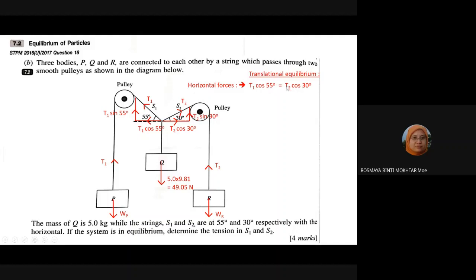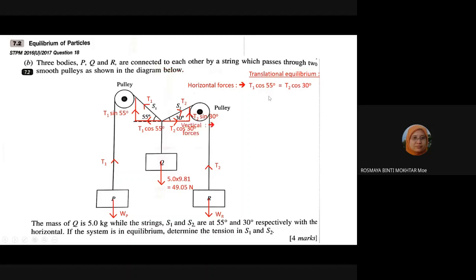If you use this method, you don't bother about the sign. Right and left you put on different sides, so this will reduce your careless mistakes on the sign.